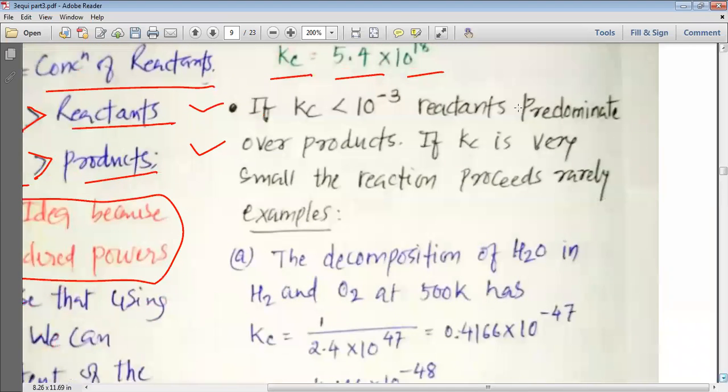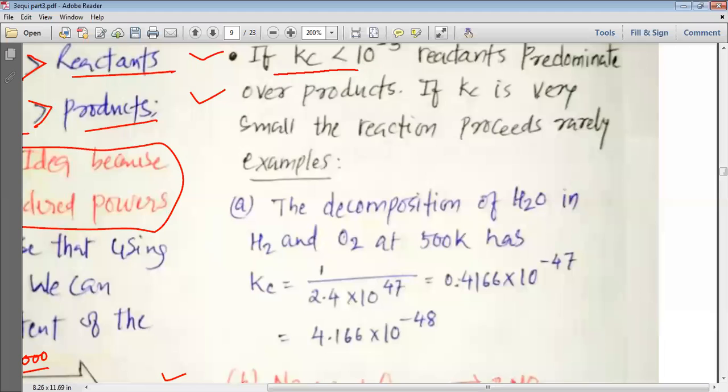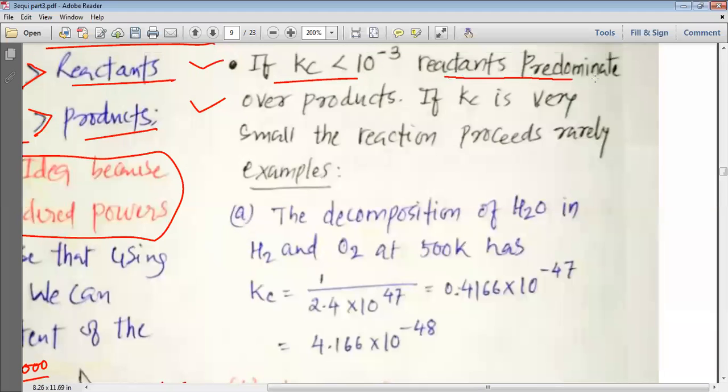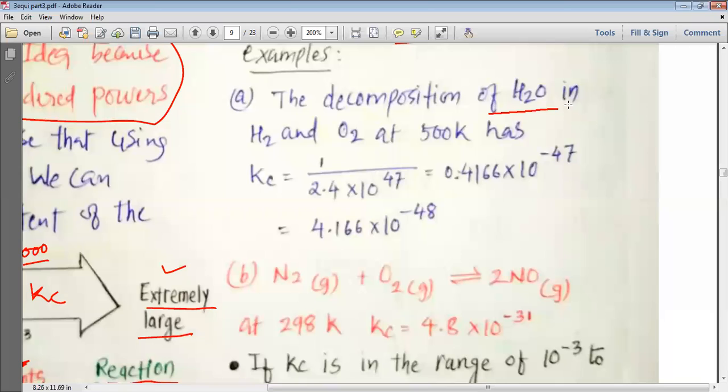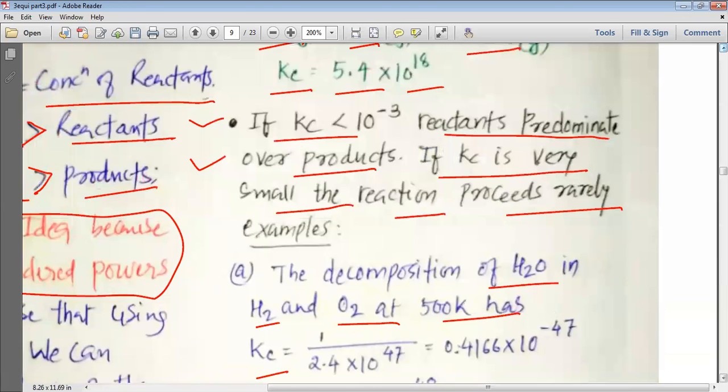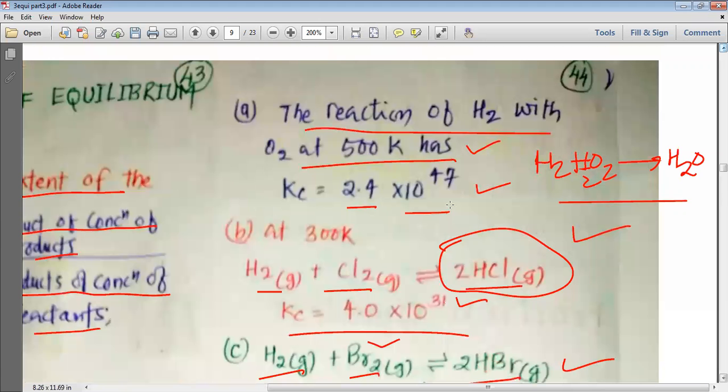If the value of Kc is less than 10 to the power minus 3, my dear students, reactants predominate over the products. And if Kc is very small, the reaction proceeds rarely. For example, in the decomposition of H2O into H2 and O2 at 500 Kelvin, we can write Kc dash is equal to 1 upon Kc, where Kc is the value for the forward reaction, which you can see is 2.4 into 10 to the power 47.